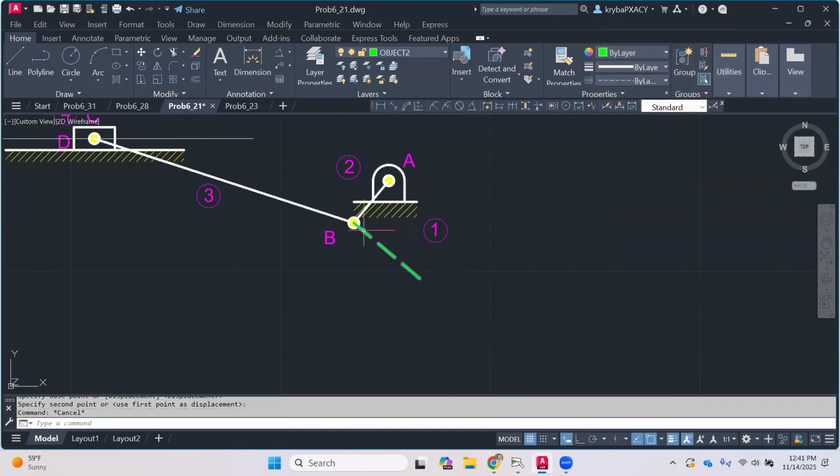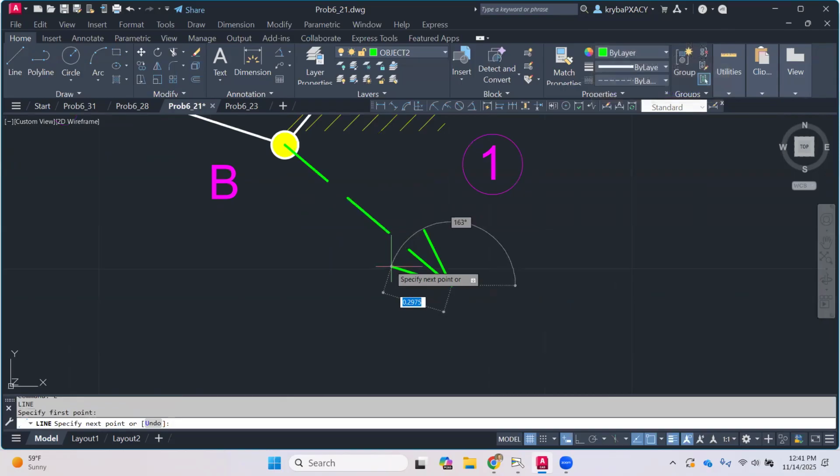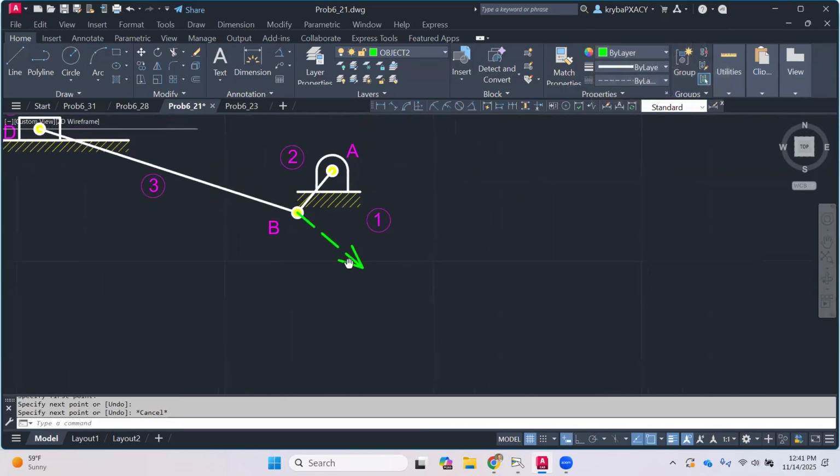So it's going to be in that same orientation along that line perpendicular to that radius, but down and to the right. Now I am going to put my arrowheads on here so that I know that this is pointing in that direction.